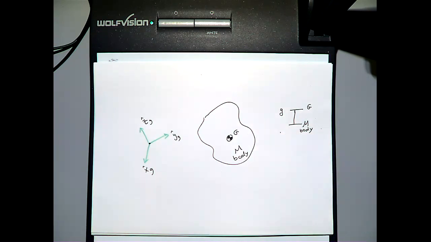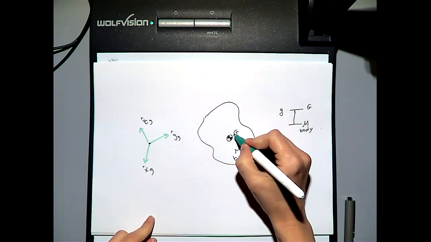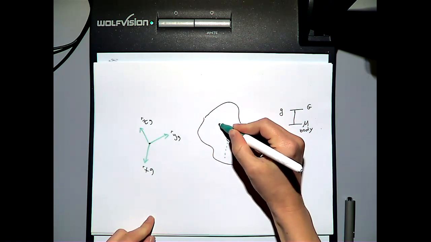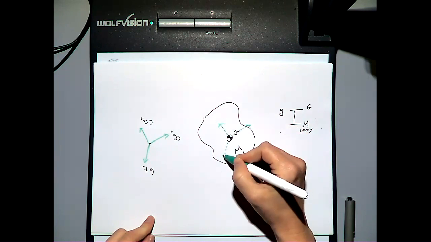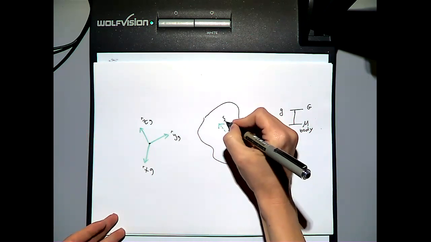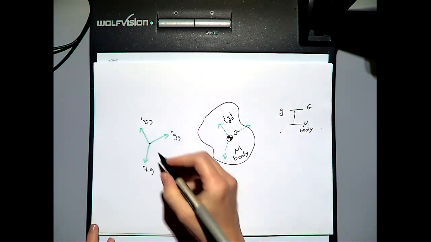So what you will do is kind of copy in your mind for convenience this coordinate system G. It can just translate anywhere you like.